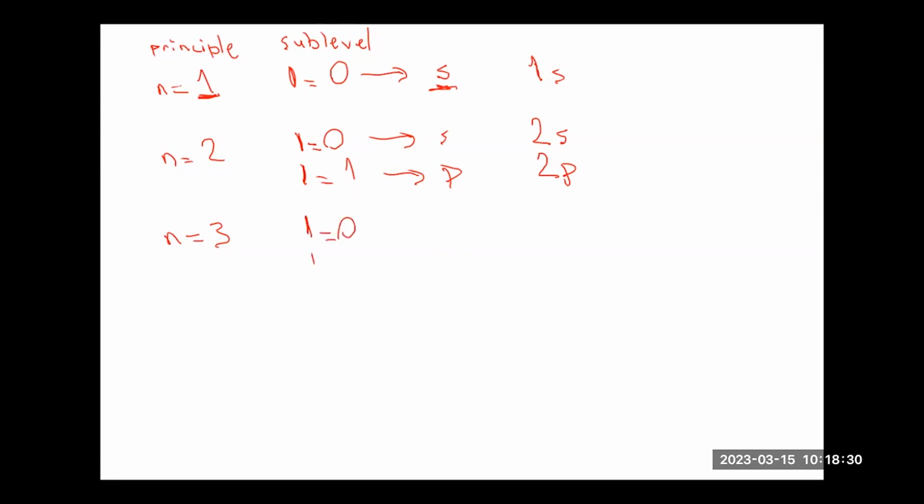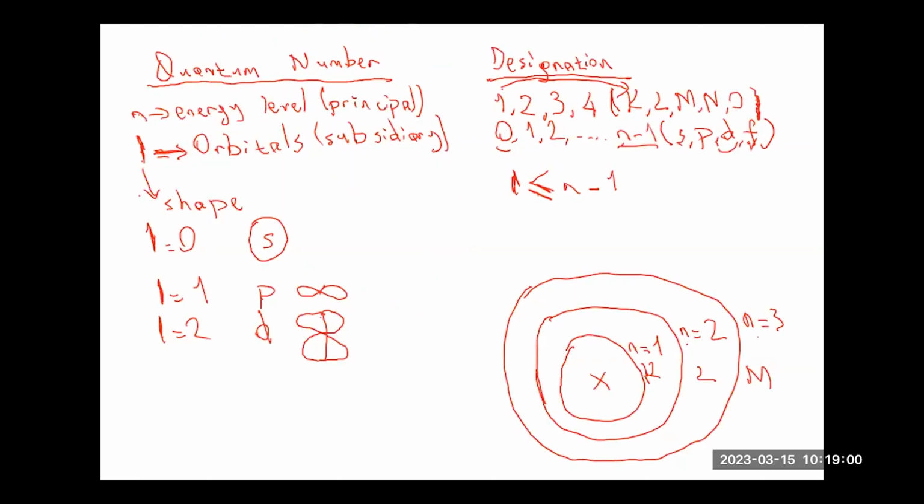And S, P, means D. S, P, and D. Perfect. 3S, 3P, 3D. Okay, let me just go back and erase this part.